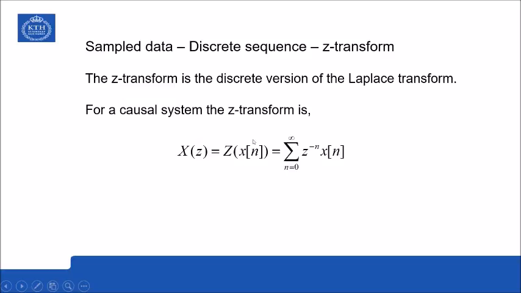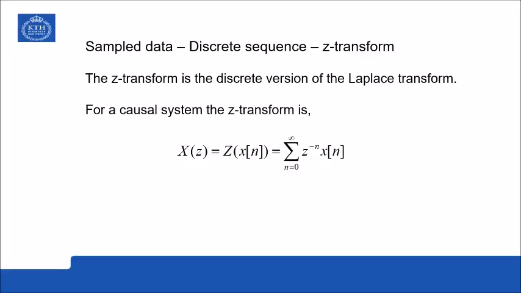We have the time sequence xn, and if we apply the Z-transform, we obtain the Z-transform of x. As you can see here, the Z-transform is simply the sampled signal values times Z to the power of minus n, where Z is a complex valued number. So this is the definition of the Z-transform.